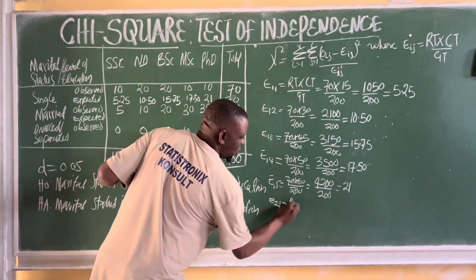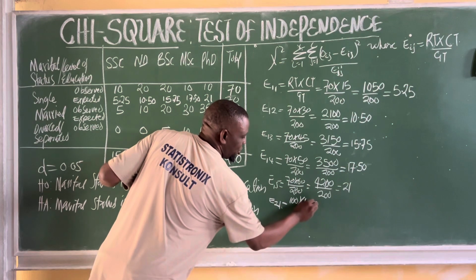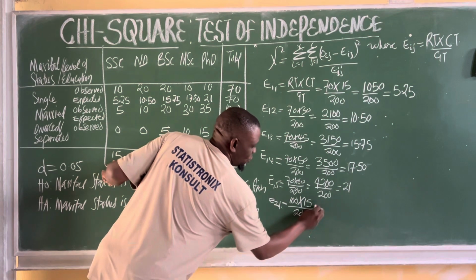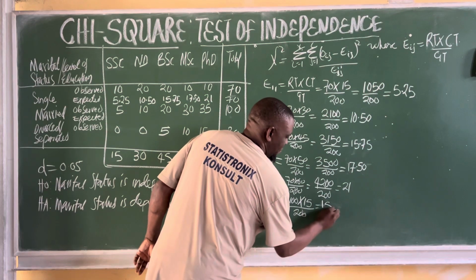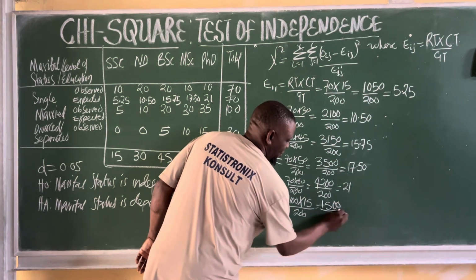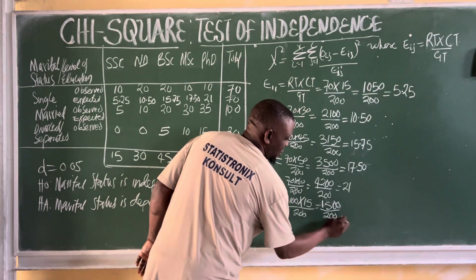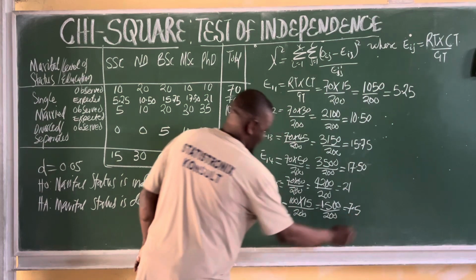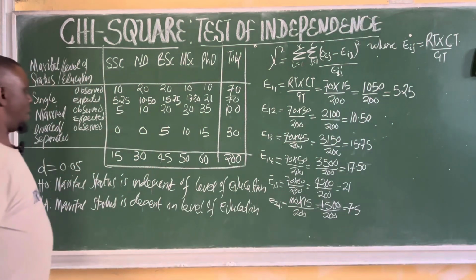So we have 100 times 15 all over 200. And that's going to give us 1500 divided by 200, which is equal to 7.5.